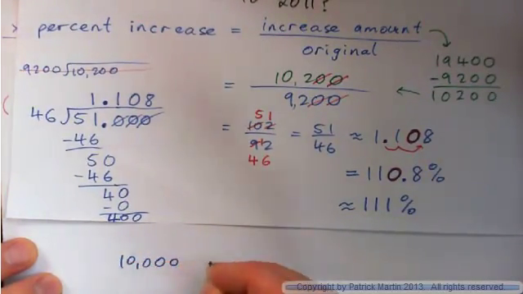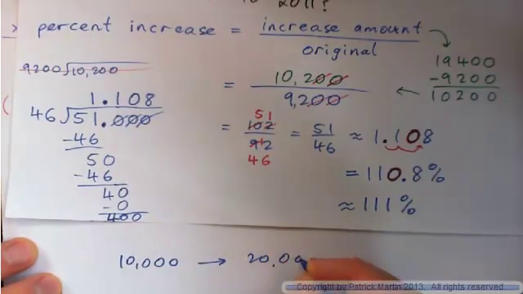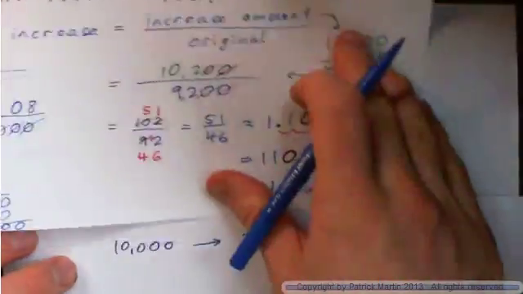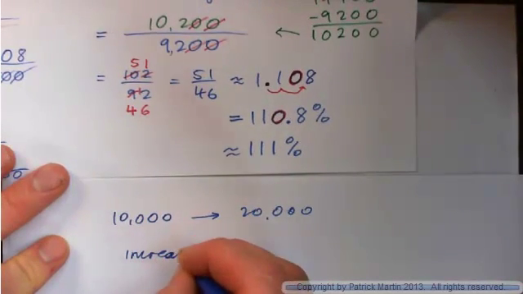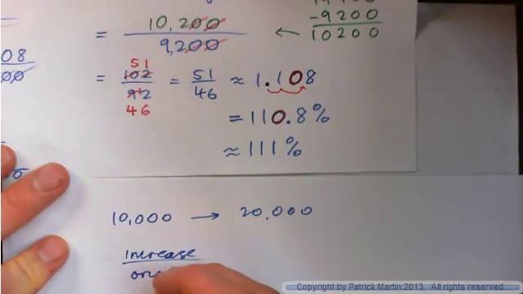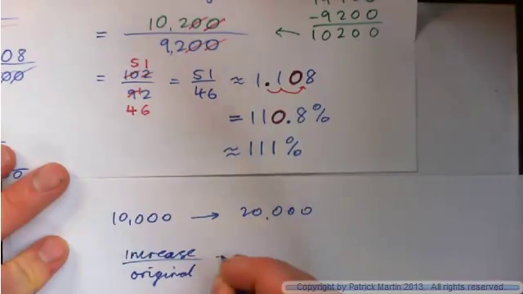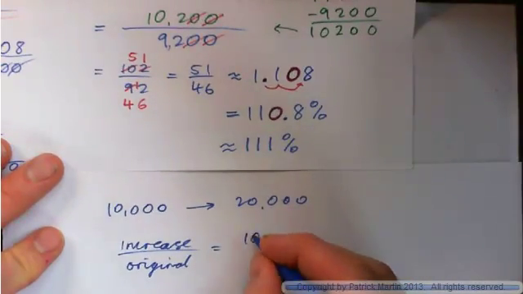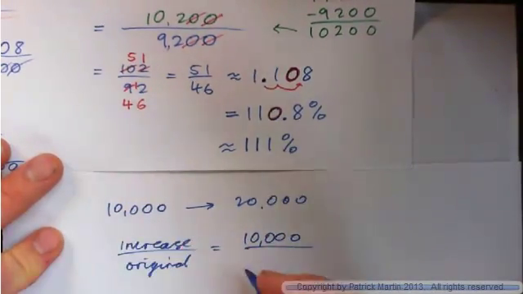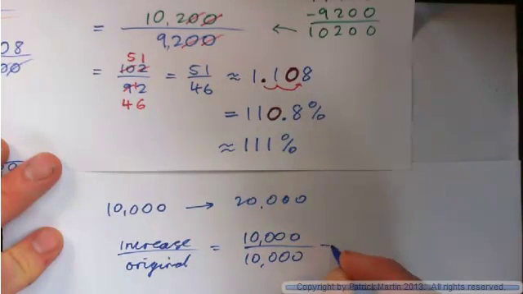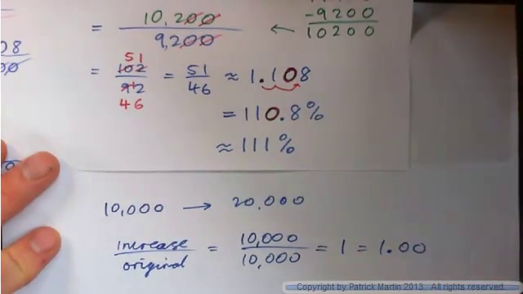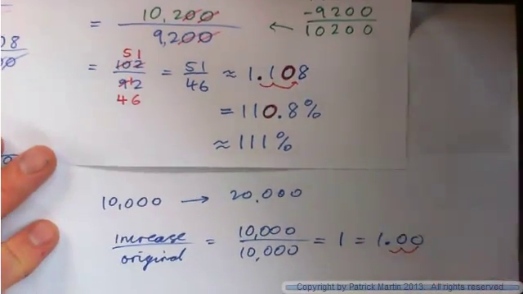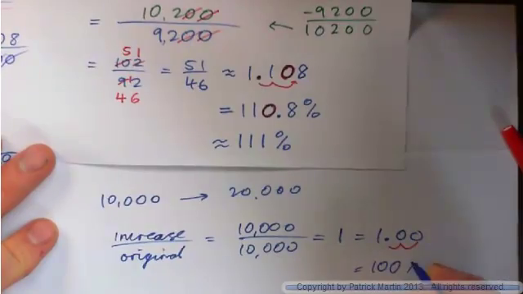$10,000, and if that increased to $20,000, then the increase over the original would be an increase of 10,000 over the original, which is 10,000, and that would be 1, or 1.00, and as a percentage, that would be 100%.